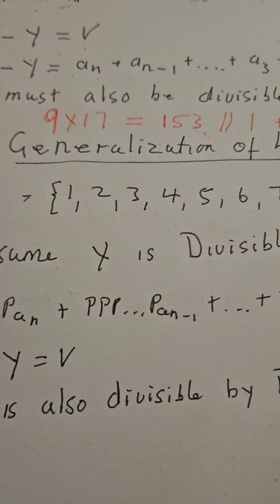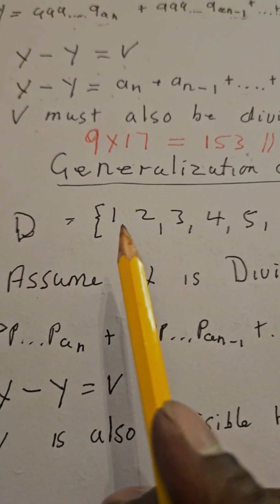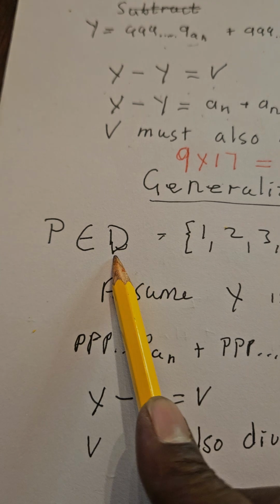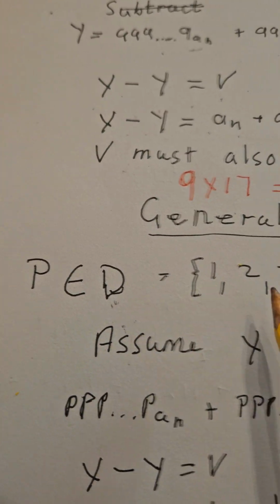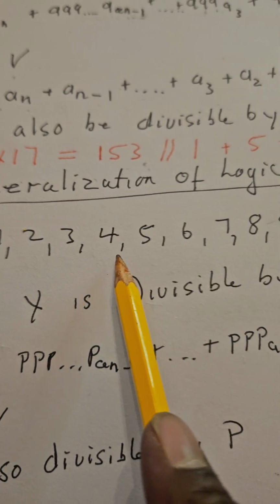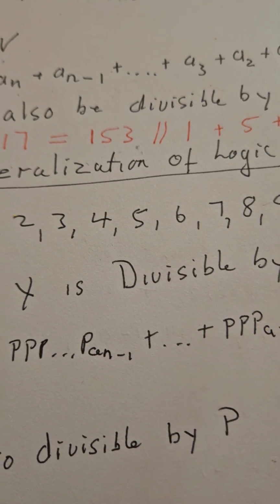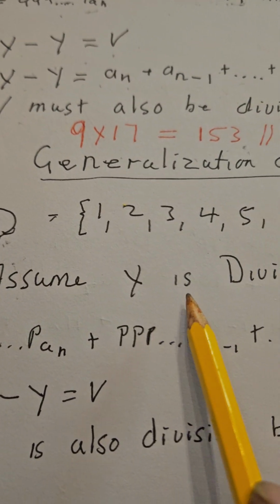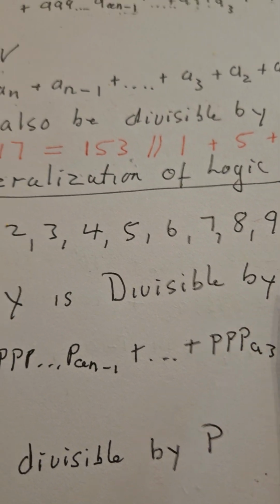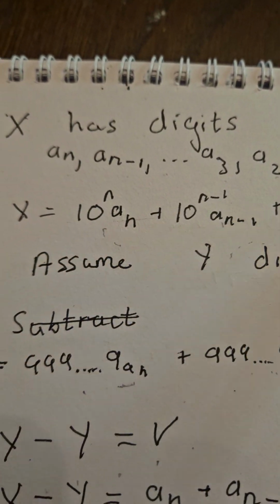We have a number P, and P is an element of D. D is the set of single digit numbers: 1, 2, 3, 4, 5, 6, 7, 8, 9. So that is what D is. Assume X is divisible by P. Our X we got at the top here.